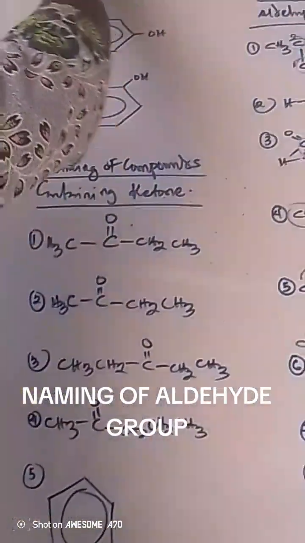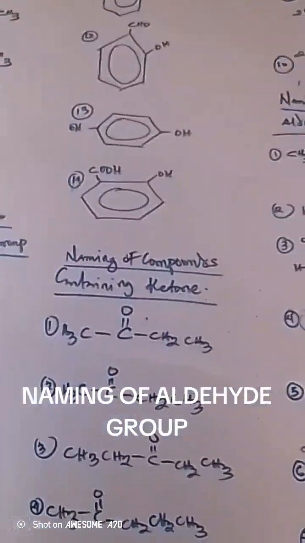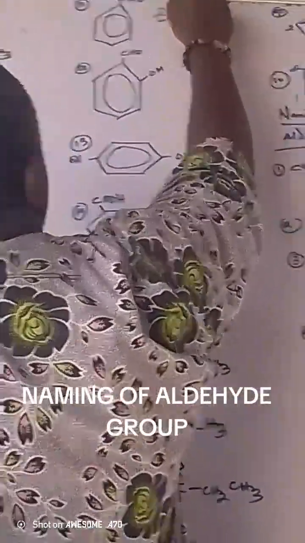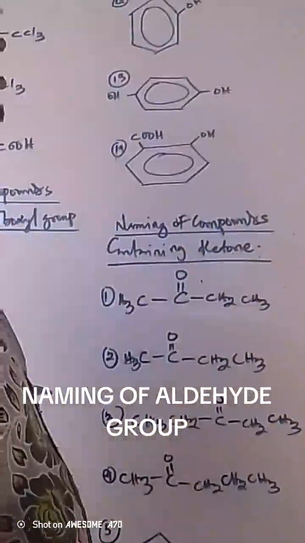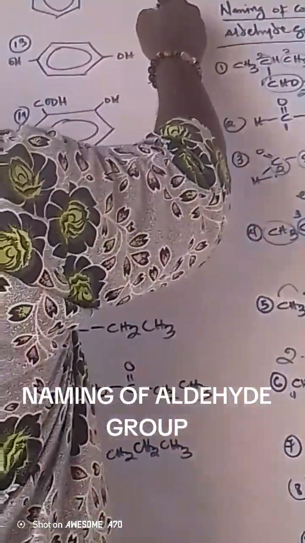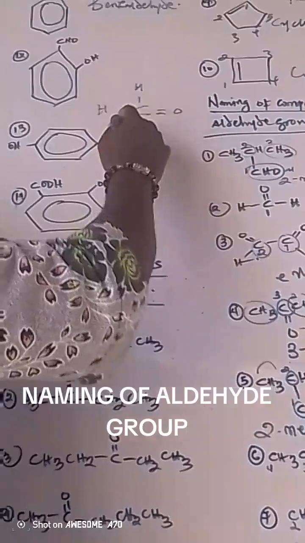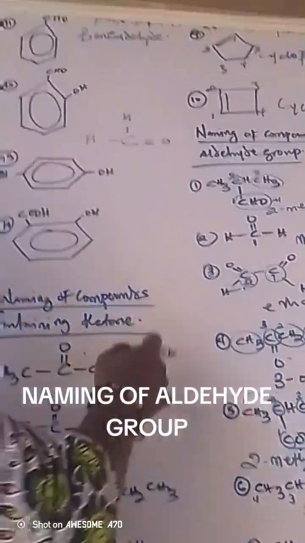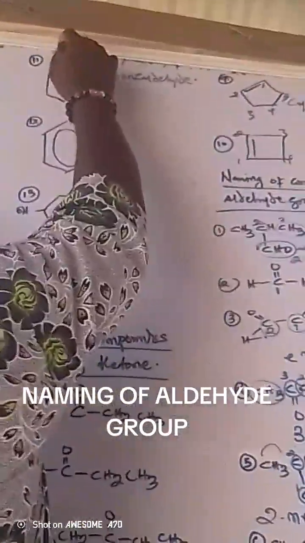So look at this compound. You know this is a benzene. So benzene and aldehyde, I can decide to call it benzaldehyde. Do you understand me? Yes. If I just have this compound like this, this is called methanol, because it has 1 carbon.